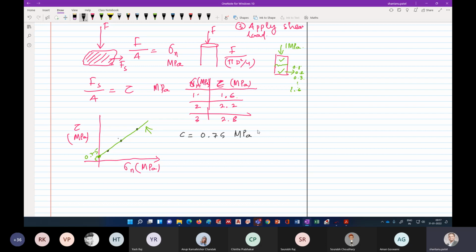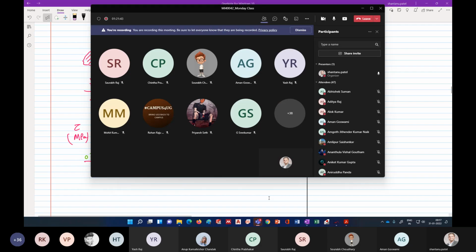Can anybody tell me what is the friction angle here? Because you have already taken these courses, right? Can anybody tell me what is the friction angle? Second year mining students.